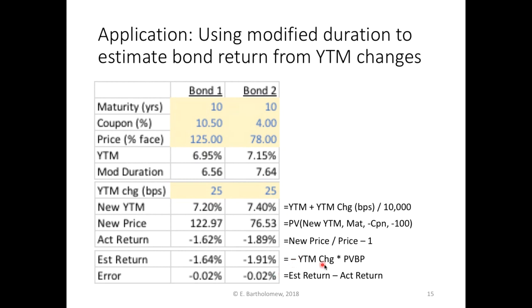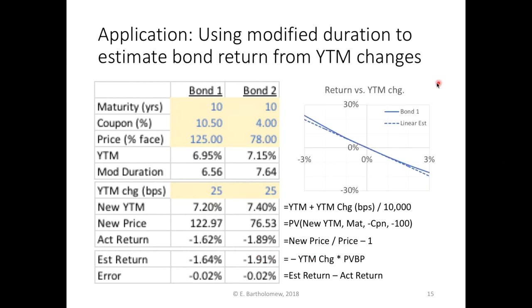So it's just the minus YTM change, so the change is 25 basis points times the PVBP. And this is a mistake. That should be times the modified duration. Okay, so I have to fix that. So the estimated return then would just be the difference between the two. The mistake here is just in the notation. The actual numbers here are correct.